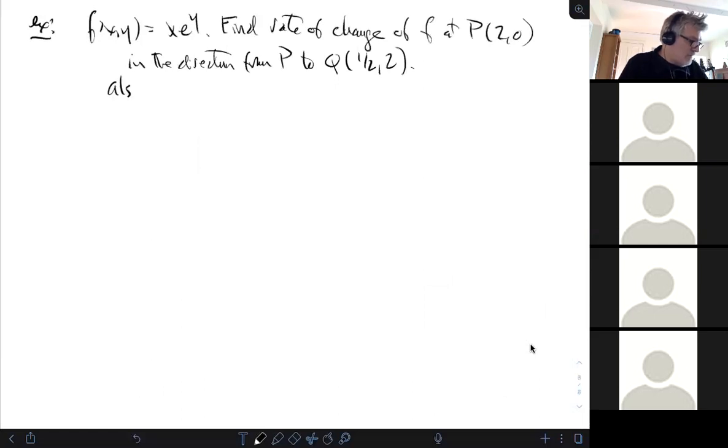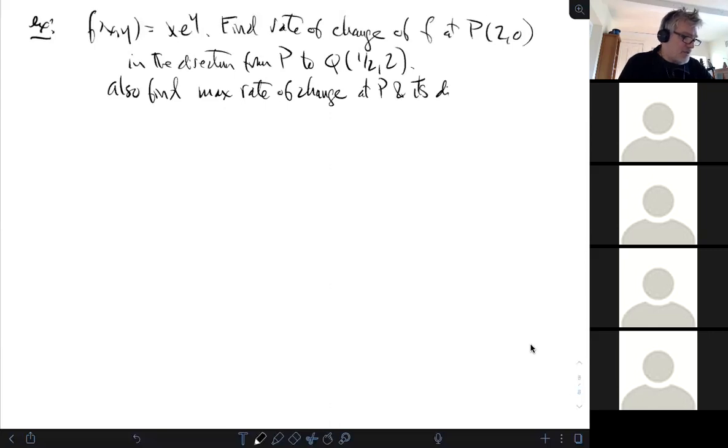Also find the max rate of change at P in this direction. Okay. All right.